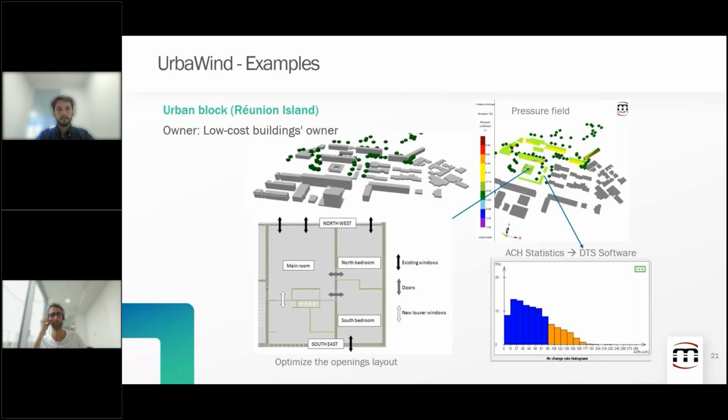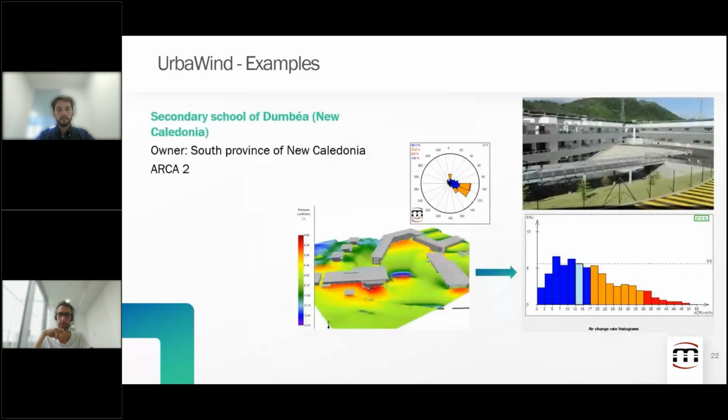Now let's go to another example, in another overseas territory, New Caledonia. On the next slide, the idea is that we wanted to assess natural ventilation over this school. It had quite interesting potential, so we wanted to assess that.